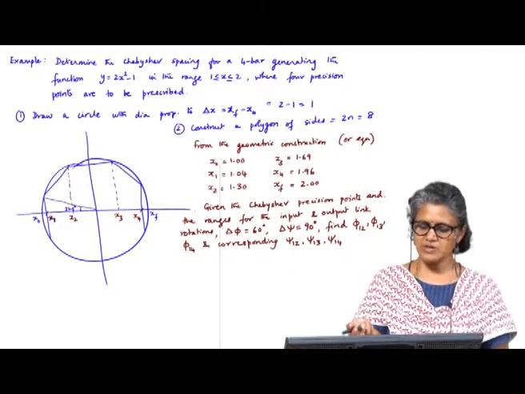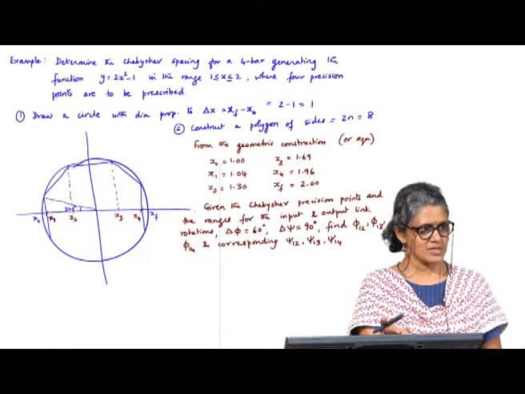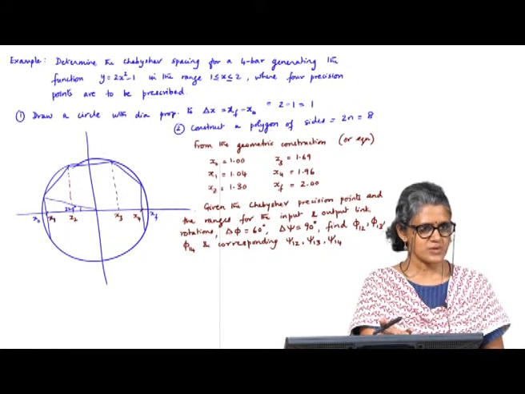Okay. So, how will I find the y values? I am given the function y equal to 2x square minus 1.